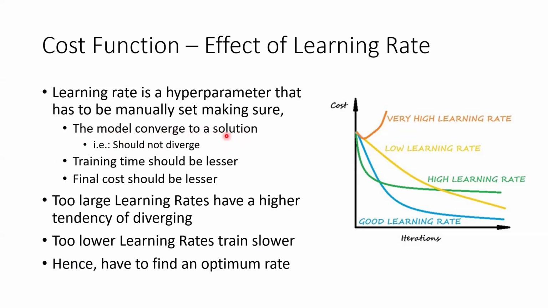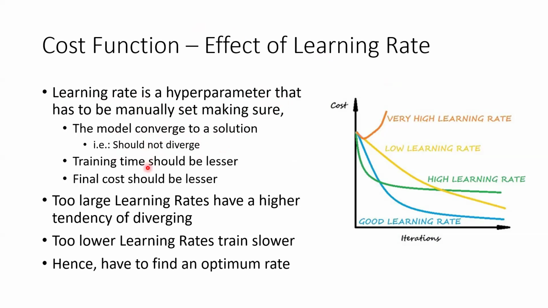Converging to a solution means it should come to the optimum point and stay there, not moving away from it and going around here and there. So it should not diverge, right? It should come to the optimum point and stay there. That is the idea of converging. So the model should converge. That is the first requirement of selecting the hyperparameter learning rate, right?